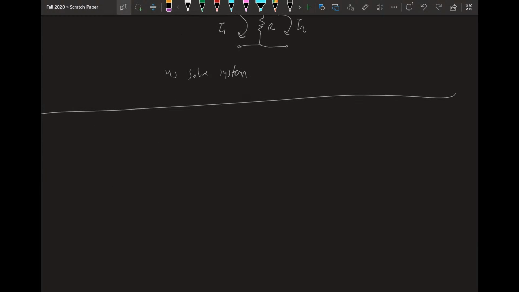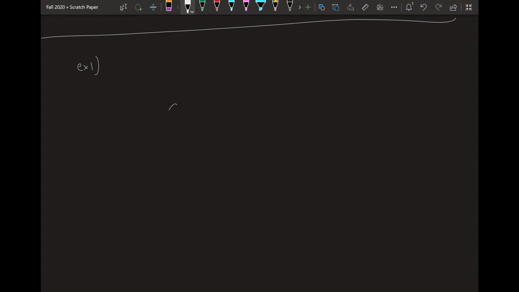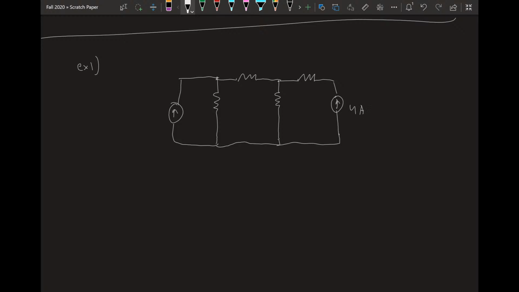Example 1. Here is a current source. Four amps, 5 ohms.